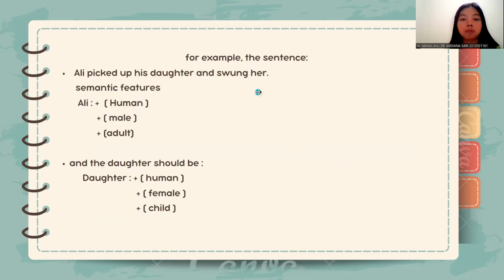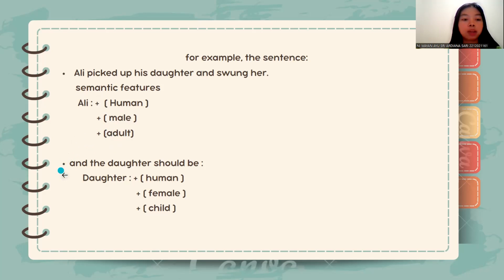Okay, we have, for example, in the sentence, semantic features. Number one is, Ellie picks up his daughter and hugs her. Semantic features of Ellie: Ellie would have plus human, Ellie would have plus female, Ellie would have adult.